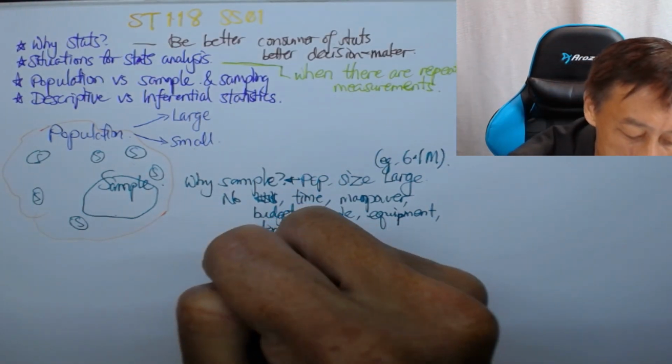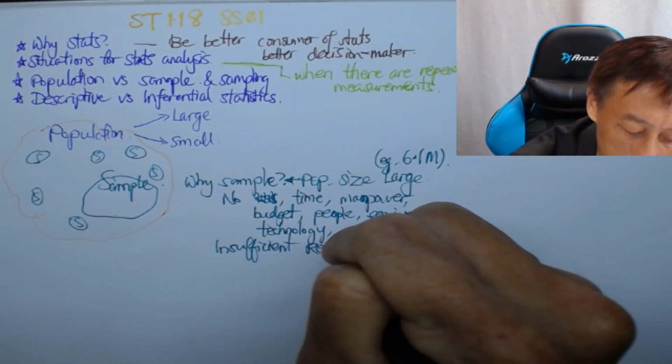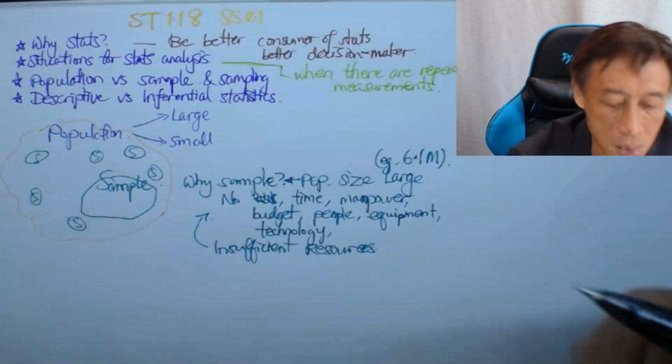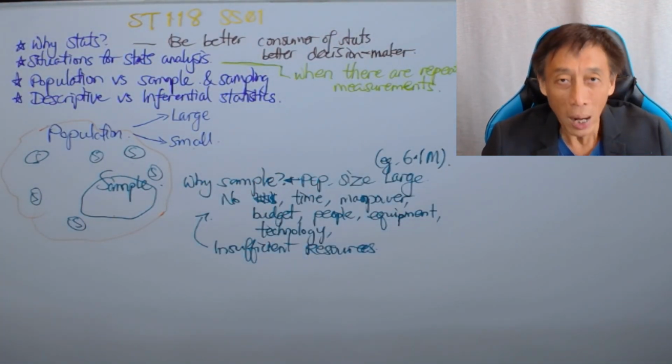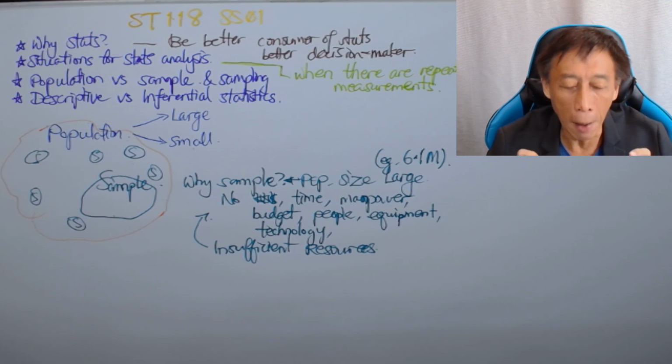So insufficient resources require us to trim our sample, to trim our ability to touch reality.